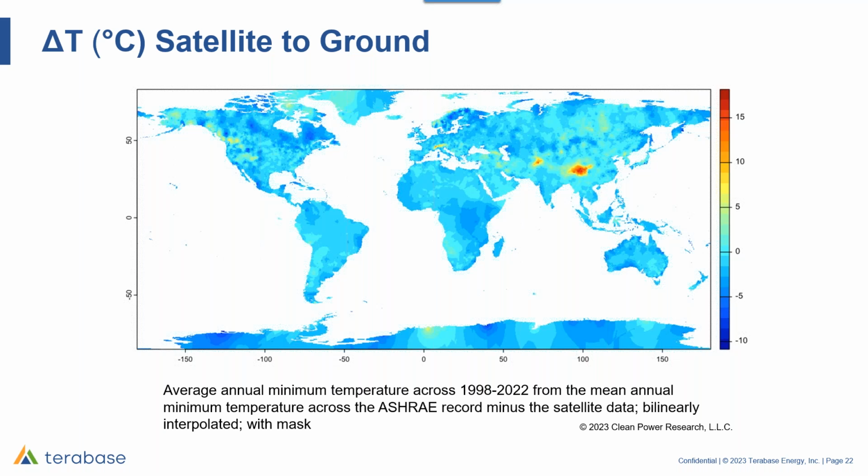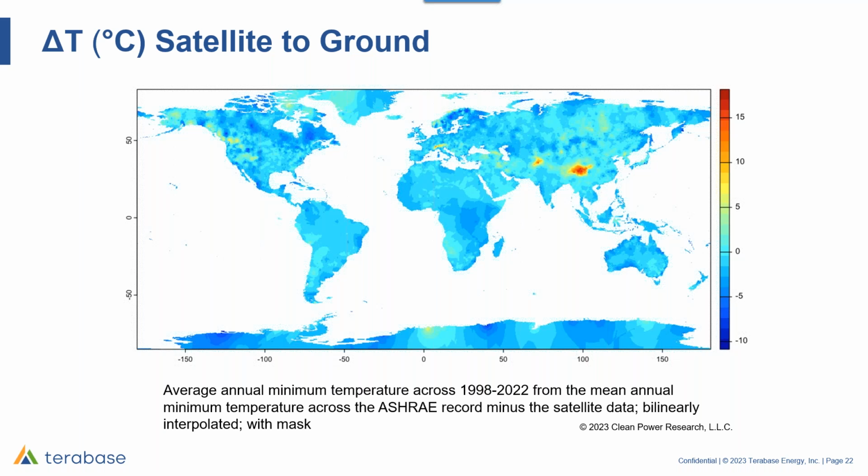As you'll notice, most of the points are blue. And the reason for this is the ASHRAE record in many cases is longer than the satellite record, so it has more time to capture the colder temperatures. As I mentioned previously, things are getting warmer on this planet, as we evidence, so likely that mean will increase. But that's the reason why it's largely blue.